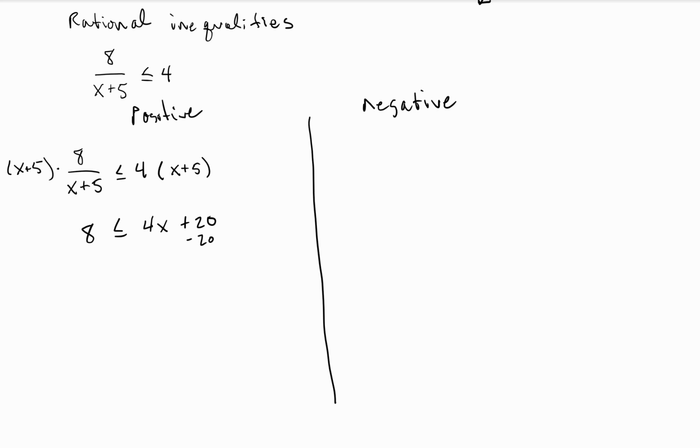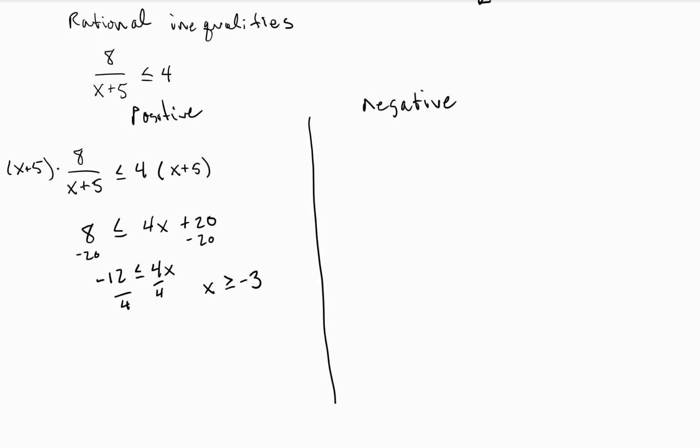I'll subtract 20. So I get negative 12 is less than or equal to 4x. Divide by 4. And I get x is greater than or equal to negative 3. And of course, the reason why it's reversed like that is because I just wrote it with the variable on the left-hand side.